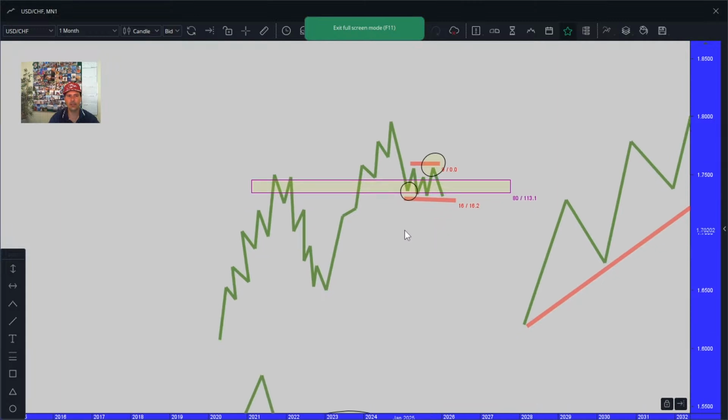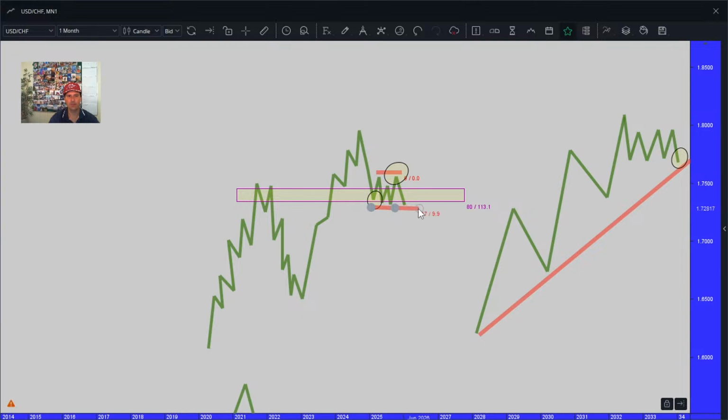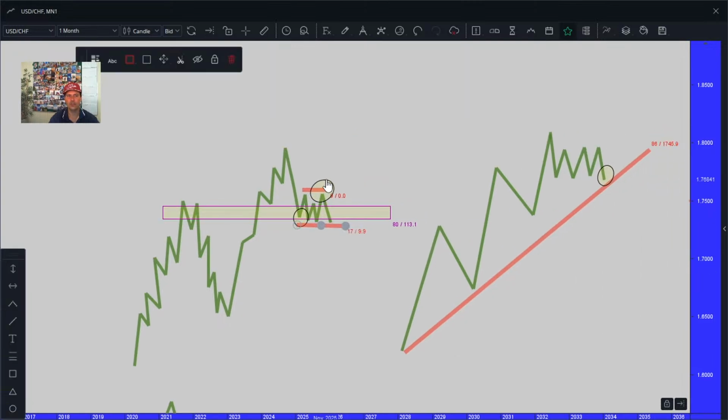Probability wise, not in terms of wrong. No, not in terms of wrong, but probability wise.